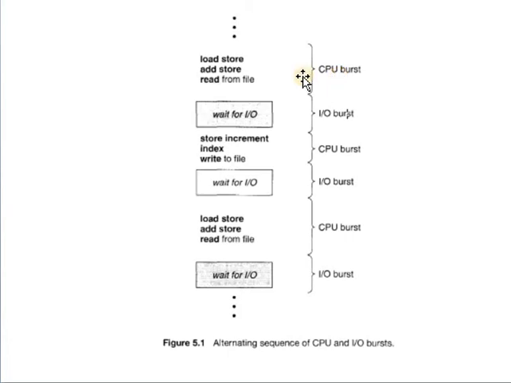In short, burst is a continued action, and we can apply that term in the scheduling concept. There are two terms in scheduling, CPU burst and I/O burst. What is a CPU burst? The duration or the time for which a process gets control of a CPU is the CPU burst time.